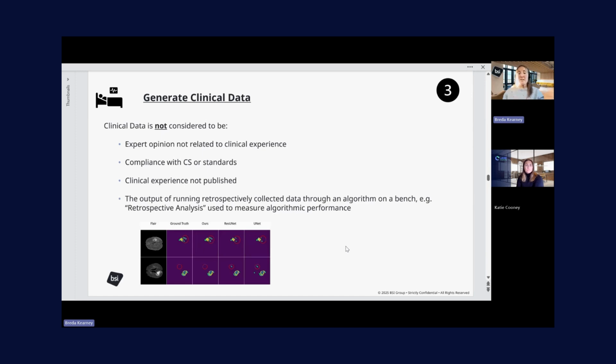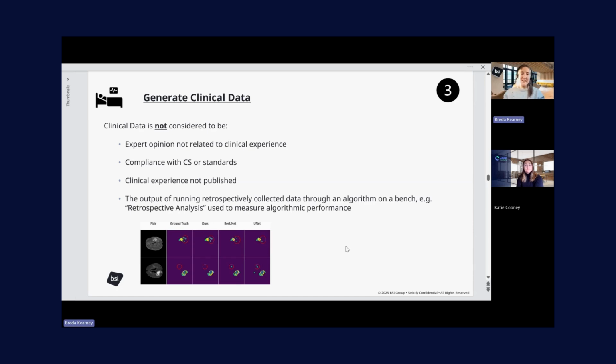That's used to demonstrate technical performance, but it's not considered clinical data. And that's an important distinguishing feature to make, that type of retrospective analysis, it's very informative for technical performance, but it's not going to tell us clinical performance.